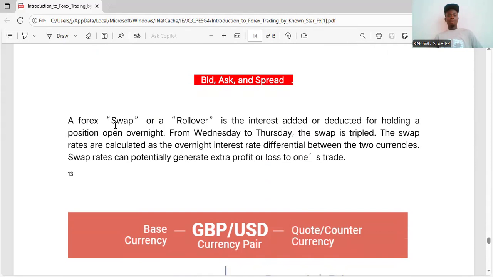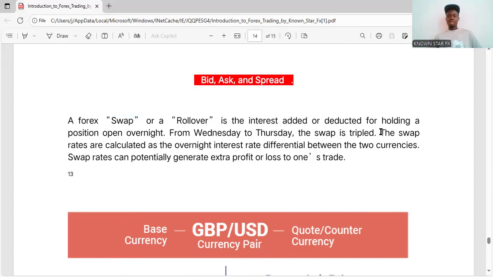Now, a forex swap or a rollover. A forex swap or a rollover is the interest added or deducted for holding a position open overnight, and that's actually charged by the broker. Let's say from Wednesday to Thursday, the swap is tripled.